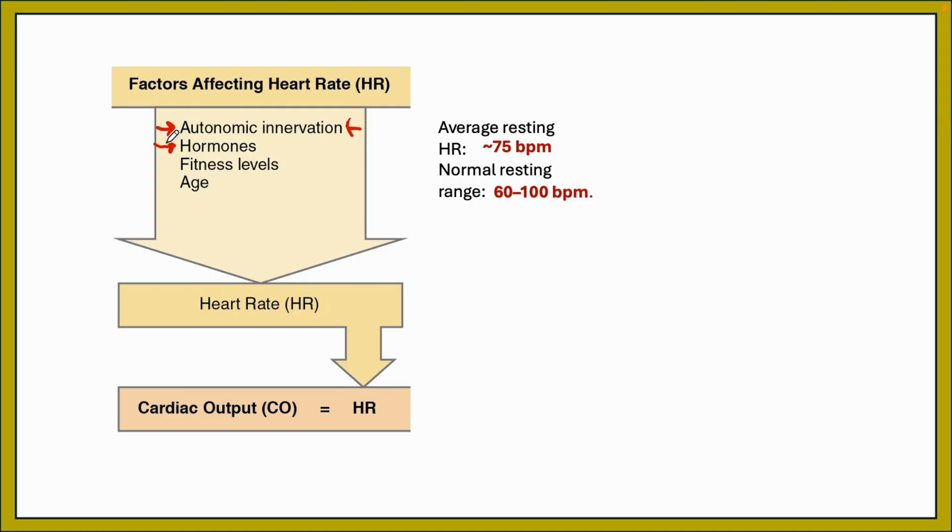Hormones can also do it, but that is going to be less rapid in the change. And then fitness levels and age can affect your heart rate as well, but that is not something that you can change very quickly. So we'll focus on autonomic innervation when we talk about what affects the heart rate.